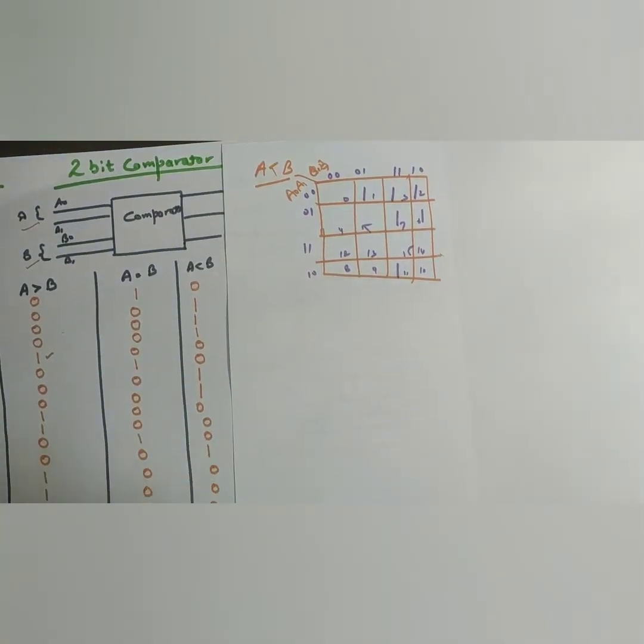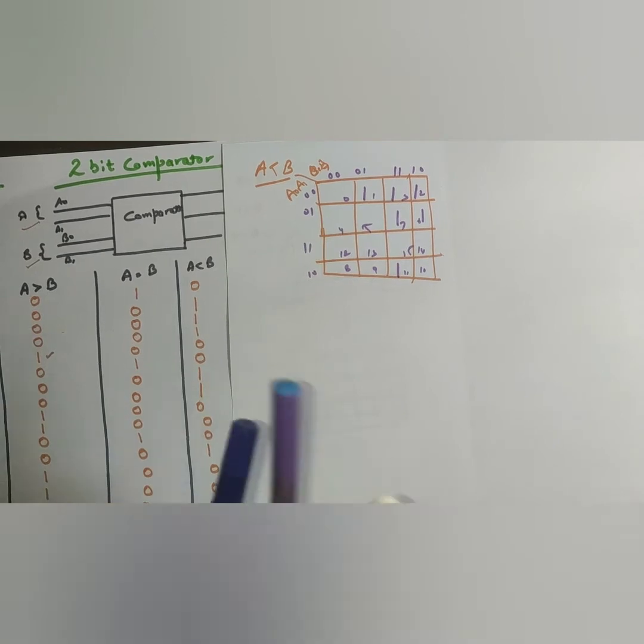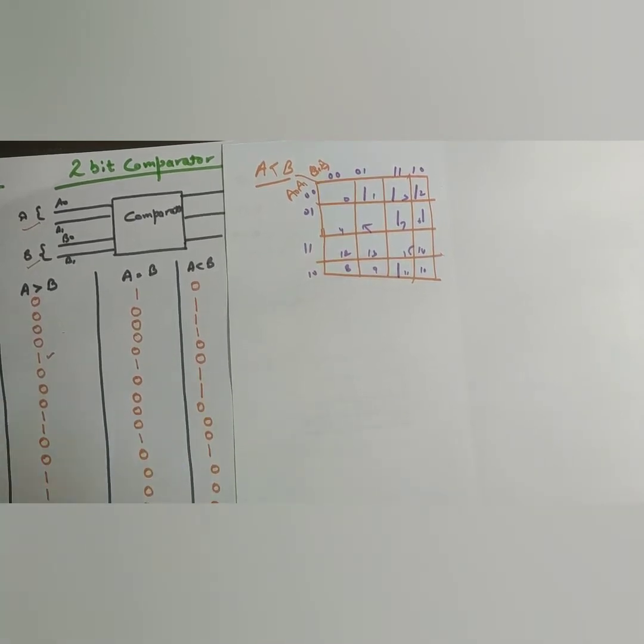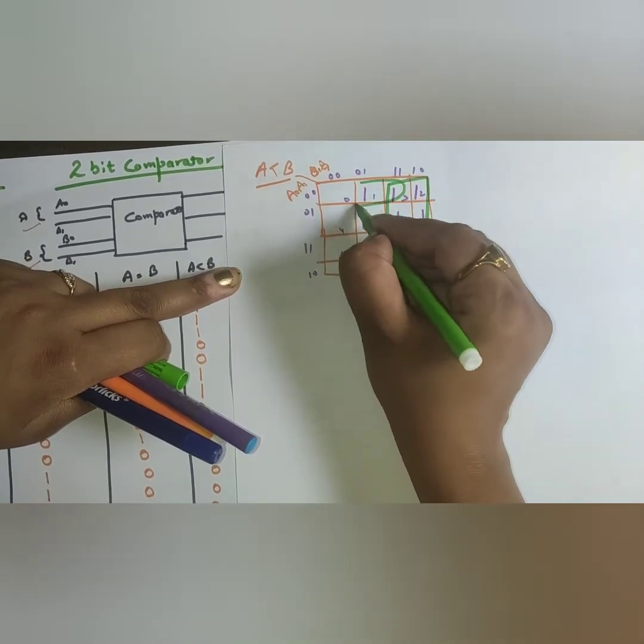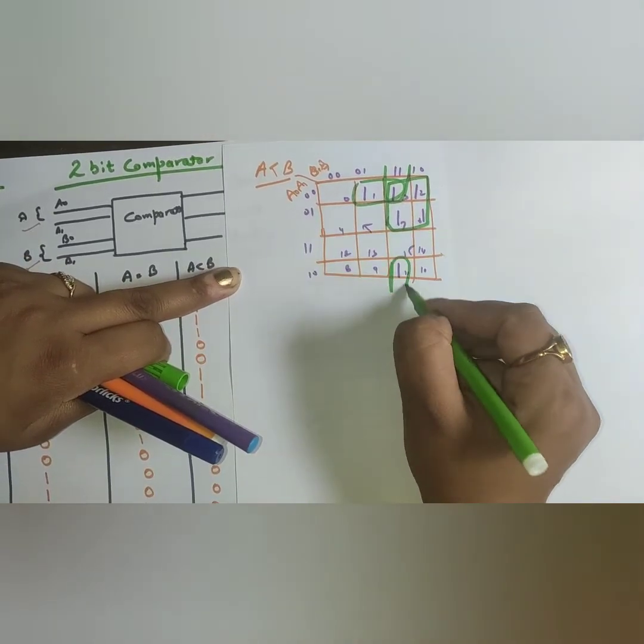So these are the conditions. So you should make grouping. You can make grouping in a K-map like this. This will be your group, this will be your group, and this will be your group.